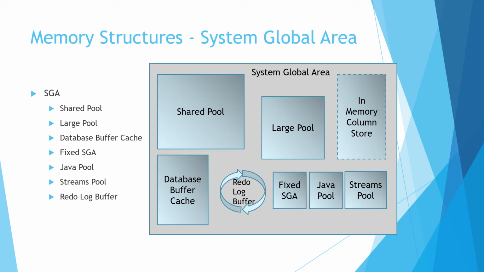So the SGA is a group of memory structures which allow for efficient management of the relational database system. The system global area memory is allocated when the instance is started. The memory is reclaimed at instance shutdown, and every instance has its own SGA. We will explore each of the structures as we progress.